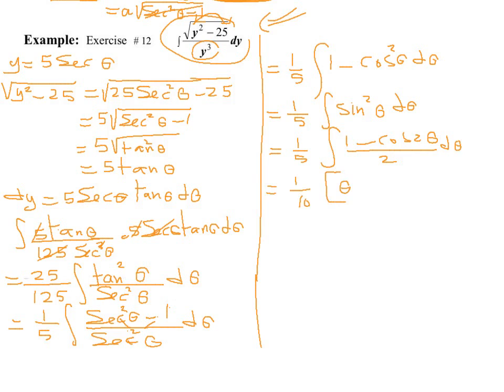Integration of 1 is theta, and integration of cosine 2 theta is 1 divided by 2 sine 2 theta.